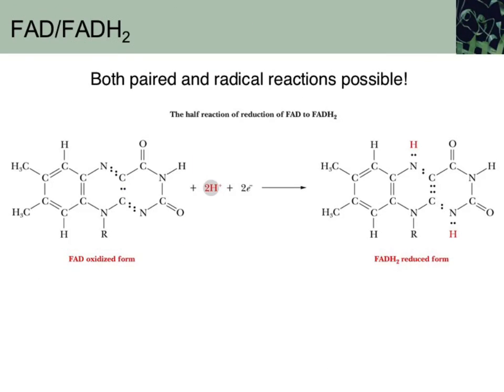If I dump a single electron in here, do H- into this, take 1 electron out, I'll put 1 electron there. The result, if we clean that up, so I have a single bond, I have that bond to hydrogen, and then I have that single electron there. That carbon is now a free radical, and that is now potentially dangerous. But what is special about FAD that makes that free radical not so bad?